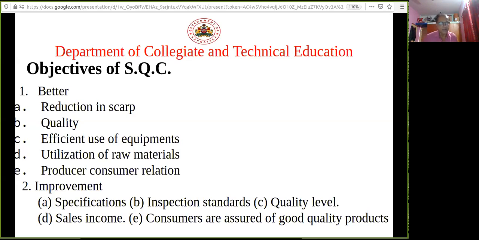So when you think about using statistical quality control tools, as you know, we are using tools like sample inspection and acceptance sampling. They are the tools we use for inspection in statistical quality control. When we use these inspection techniques, naturally there is a reduction in the scrap, because whenever the process goes out of control, the inspector immediately informs the operator that the process is not under control.